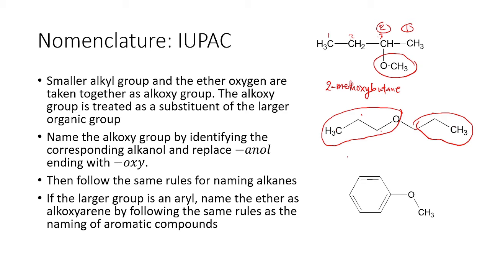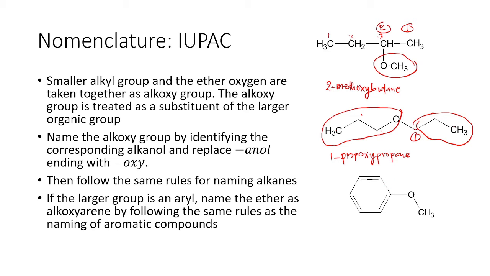So that will be propanol. So instead of propanol, we just remove this anol, okay, and replace it with oxy. So we have there propoxy. Then the lowest position number is 1. Okay, so that will be 1-propoxypropane. Okay?